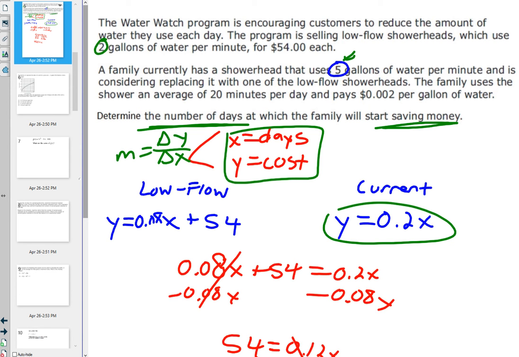Unless I did it wrong, I did it in my head, but it was 5. Last time we did 2 times 20, so I did 5 times 20, which gives me 100, and then 100 times 0.002 gives me 0.2. So now that becomes my slope.